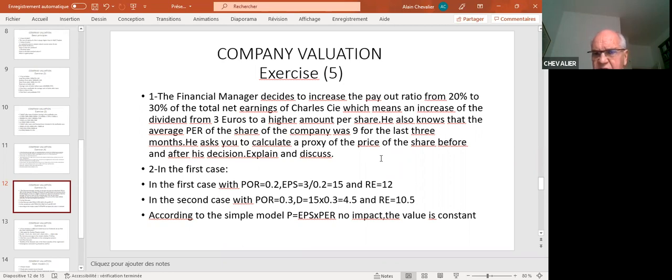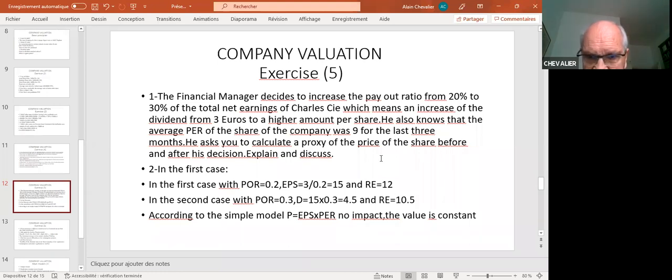The total equity is moving quickly up with retained earnings of 12, and more slowly with retained earnings of 10.5. And of course, after this allocation of retained earnings to total equity, the debt equity ratio is better in the first case with 20% payout ratio than in the second case with 30% payout ratio. And this will have an impact on the valuation process.